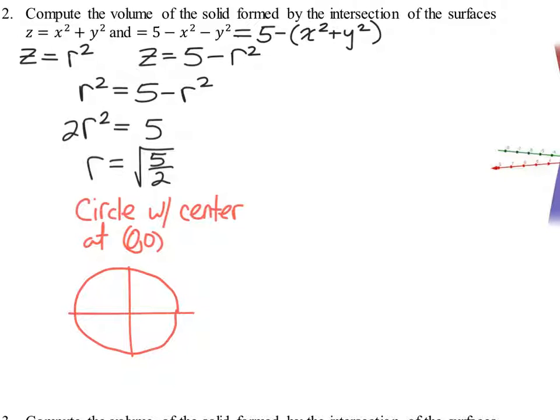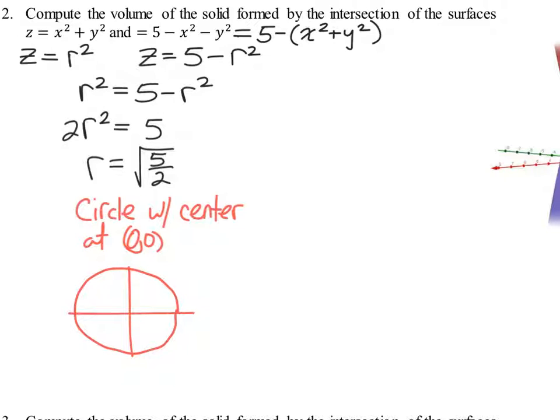And that's going to help me get a sense of the bounds. Eventually I have to develop an iterated integral that's going to convert this over into polar form. So r's and thetas are the name of the game.